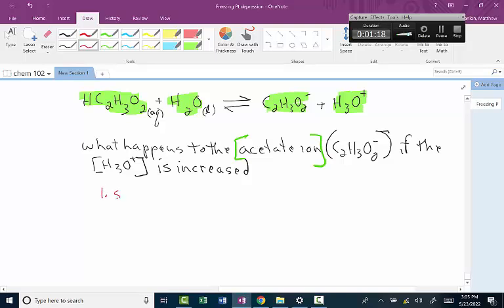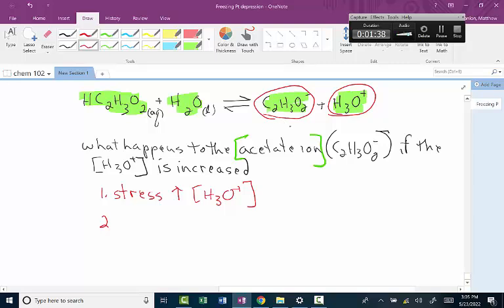The stress is an increase in the concentration of H3O plus. So that means it wants to get rid of the H3O plus. To do that, it can react acetate and H3O plus, so we're going to shift the reaction to the left.